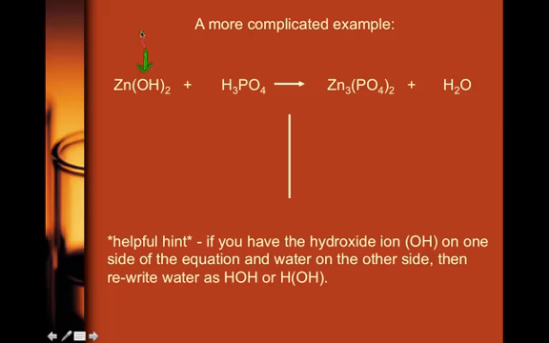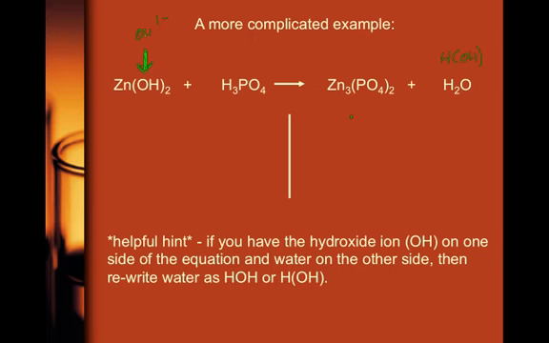Remember, that's a polyatomic ion, OH1 negative, right? If you have a hydroxide on one side and it's not on the other side, but there's a water over there, then it's very helpful to rewrite that as hydrogen hydroxide, or HOH, because that way you can visualize your hydroxide on both sides and you can keep it together.